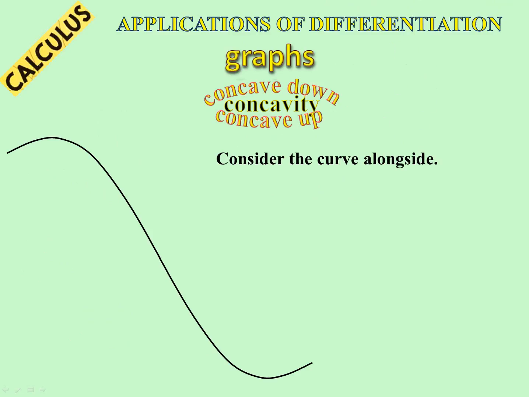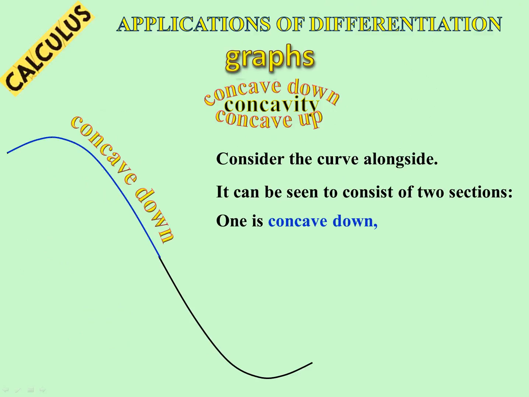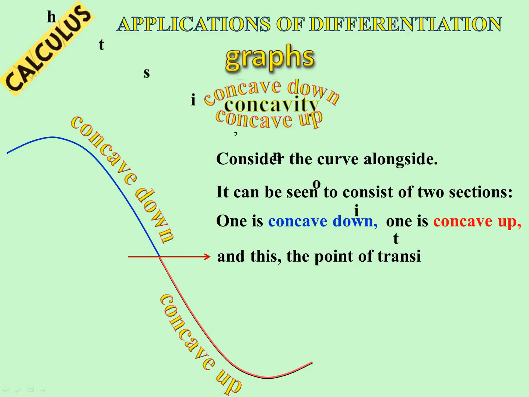Now let's have a look a bit further. Looking at that curve alongside, it can be divided into two sections. Have a look. I hope you can see the two sections. Concave down, concave up. There are two sections. And there's the dividing line. There's the point of inflection, the point of transition.